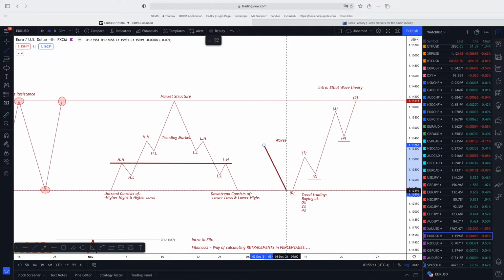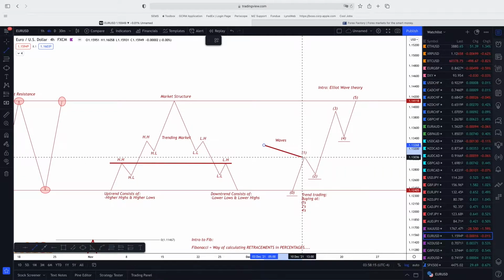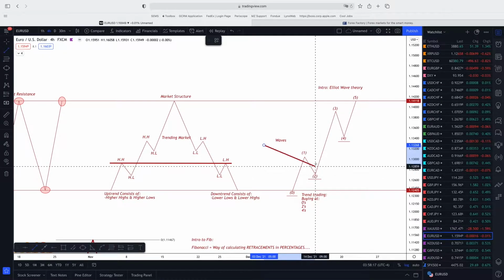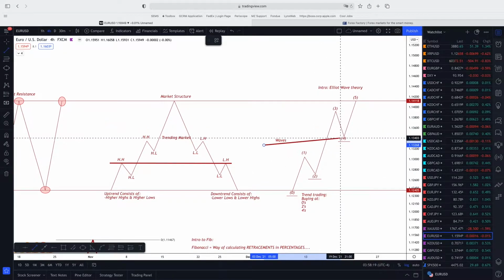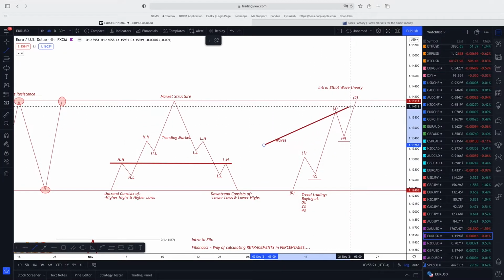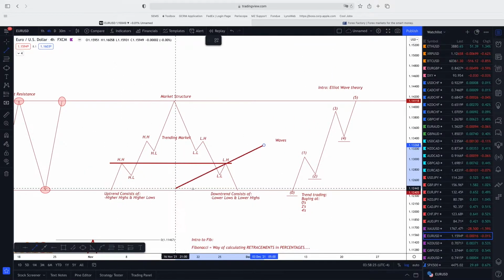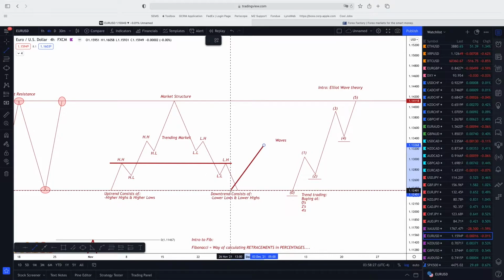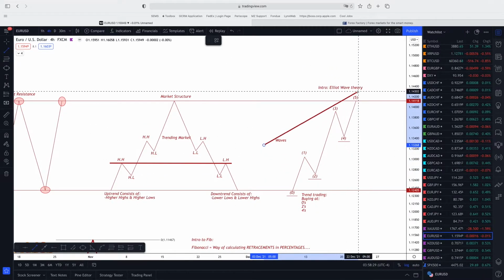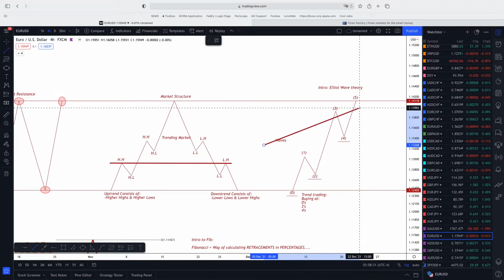You have your zero wave. You have 0 to 1, 1 to 2, 2 to 3, 3 to 4, and 4 to 5. So typically, when a market does have an uptrend or a downtrend, you will usually see a 5 count wave.